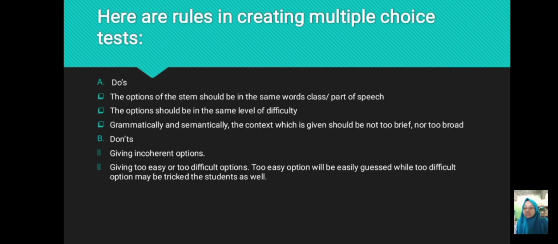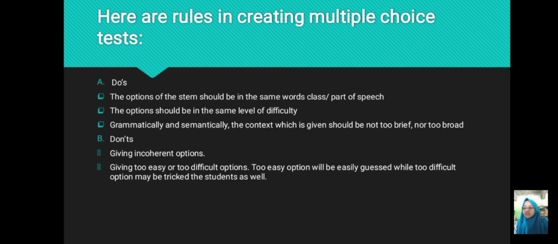Here are the rules in creating multiple choice tests. A. Do. Number one, the options of the stem should be in the same word class or part of speech. The next, the options should be at the same level of difficulty.